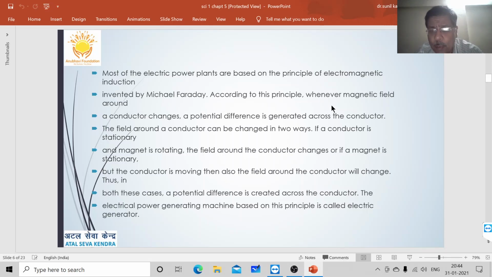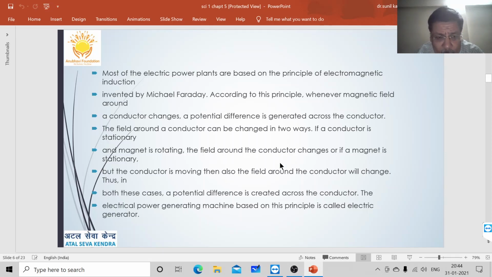According to the principle, whenever the magnetic field around a conductor changes, a potential difference is generated across the conductor. The field around a conductor can be changed in two ways. If a conductor is stationary and the magnet is rotating, the field around the conductor changes.